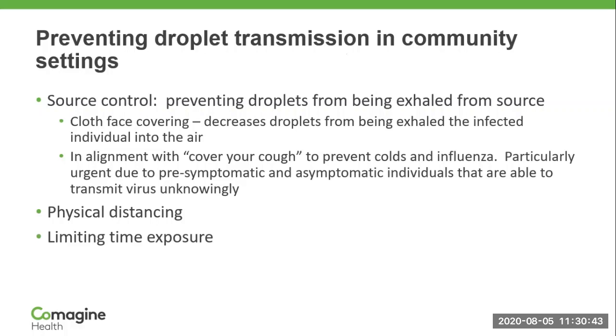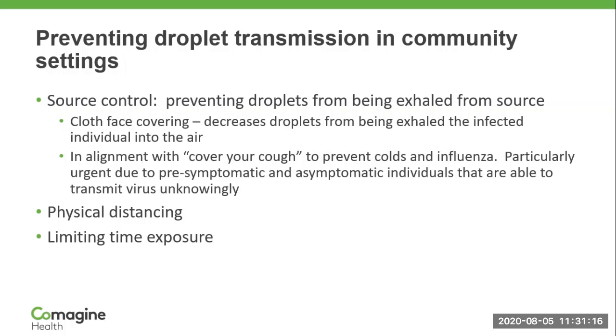So this is where I want to talk a little bit about preventing transmission in community settings. This is outside of personal protective equipment inside your facility, but I would say that there is community possibility even within your building. So people that are at a reception desk, for example, they're not directly working with residents, but they have contact with them.